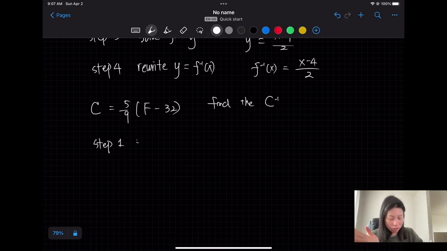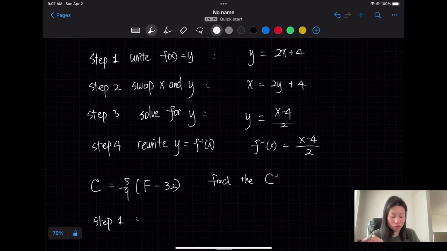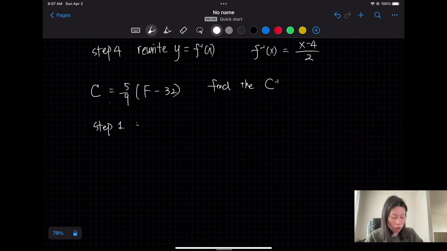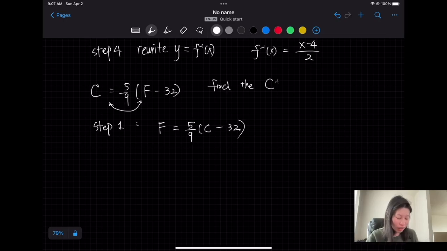Now we can skip step 1 of rewriting f(x) to y. We can just do the swap, which is F equals 5/9 Celsius minus 13/2.